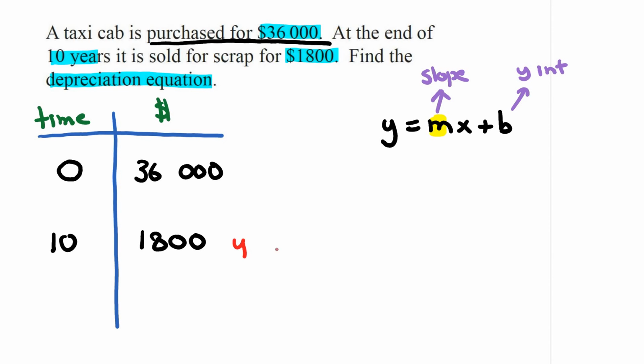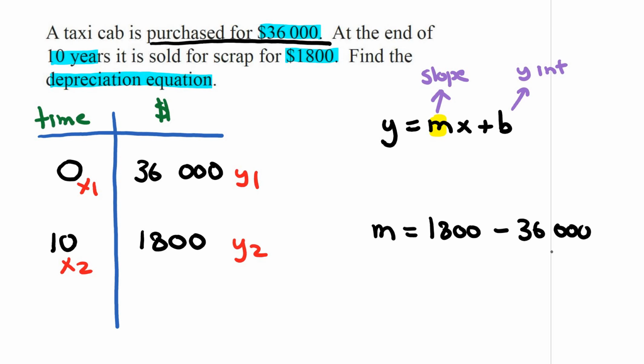So we'll label this as y2, y1, x2, and x1. If I find the slope, the y2 value is 1,800 minus the y1 value, which is 36,000, all divided by x2, which is 10, minus x1, which is 0.